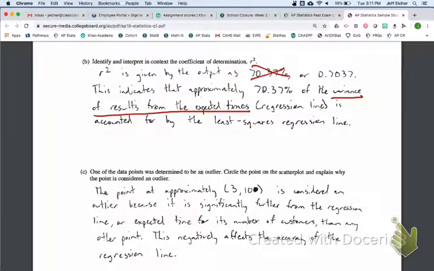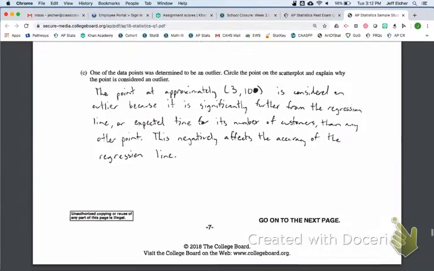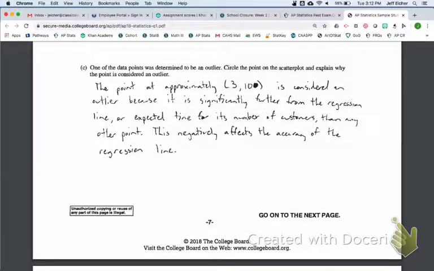And they did get a little bit of context, but they only got 1 out of 3. So this would be scored an incomplete. And lastly, part C. Let's check that out. They did circle the point, so they're at a partial so far. And go ahead and read that, and how do you think that will be scored?